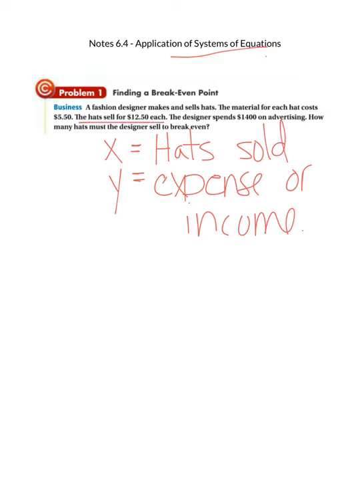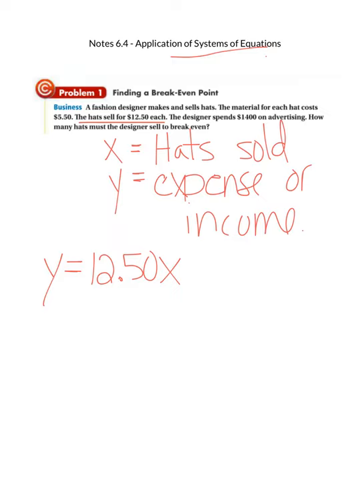If we were selling hats for $12.50, how could we write that equation? How can we find out how much money we're going to make depending on how many hats we sell? I think that's the easiest one to write. It's just y equals $12.50 times x.